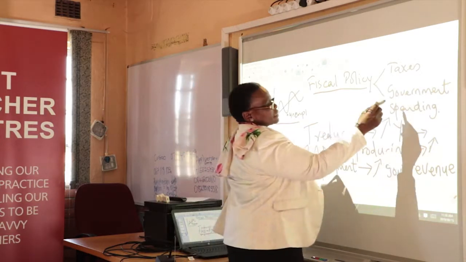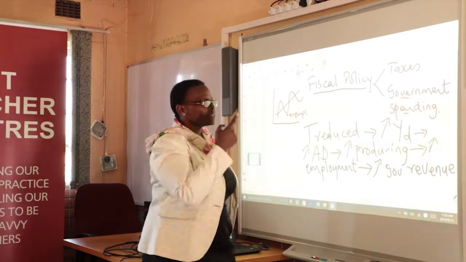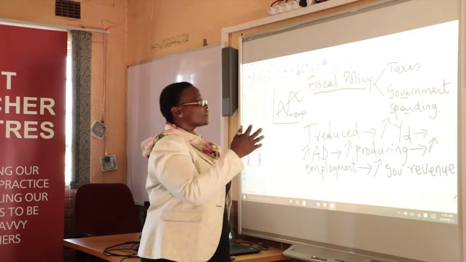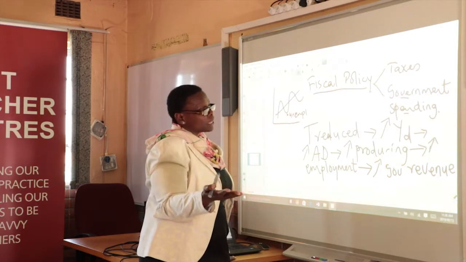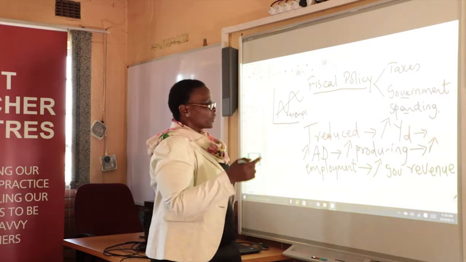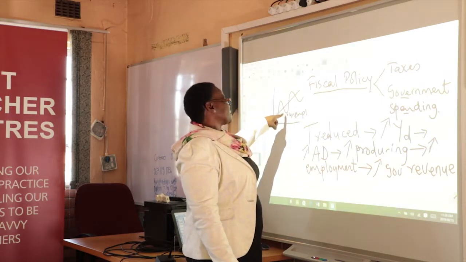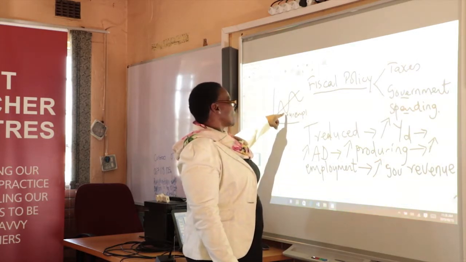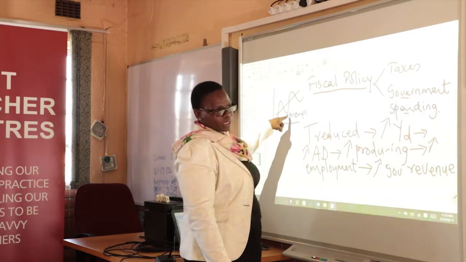Now let's look at the next instrument, which is government spending. Now we found this in the budget. So if they want to stimulate economic development, to improve the lives of the people, the government would spend more. You will remember that even with the business cycles, the taxes would be reduced and government spending would be increased.